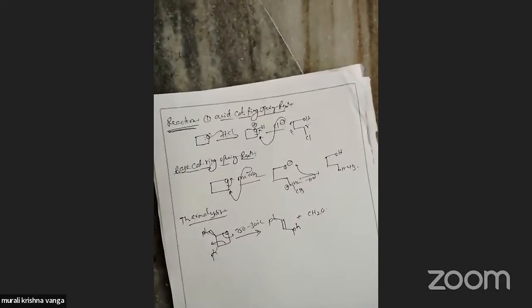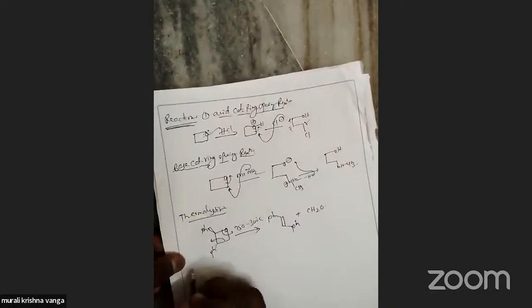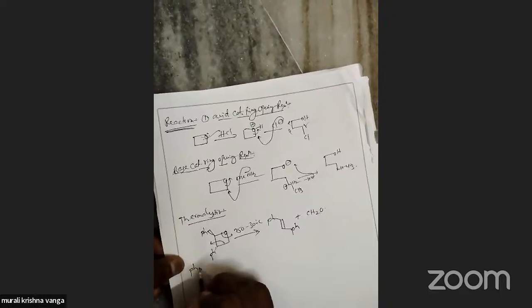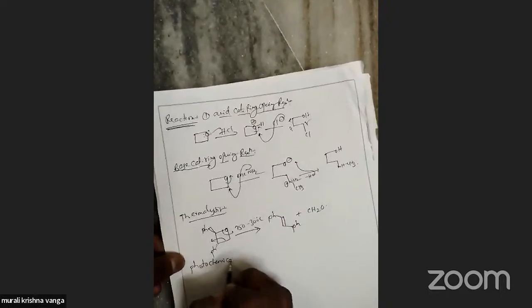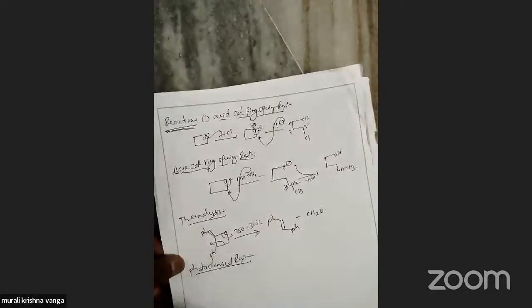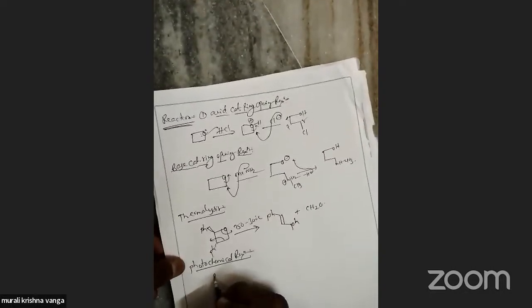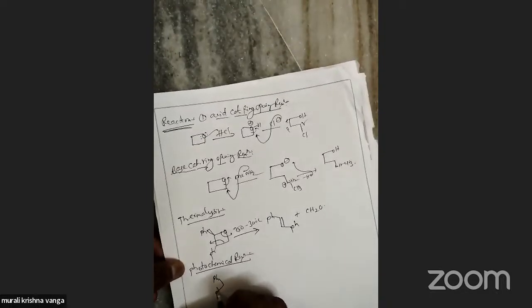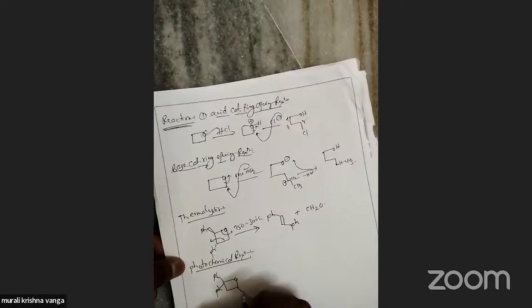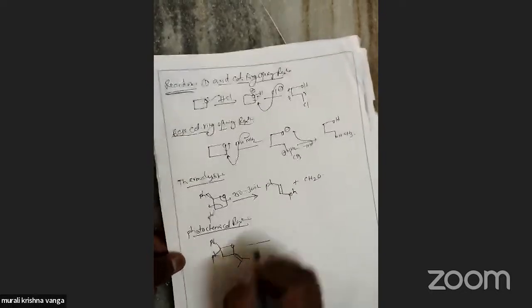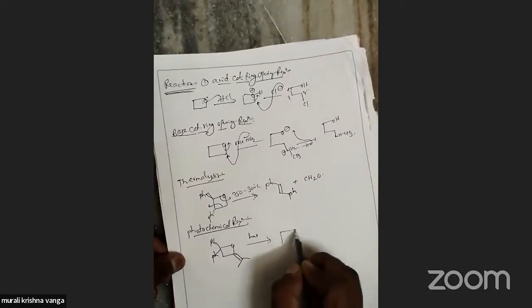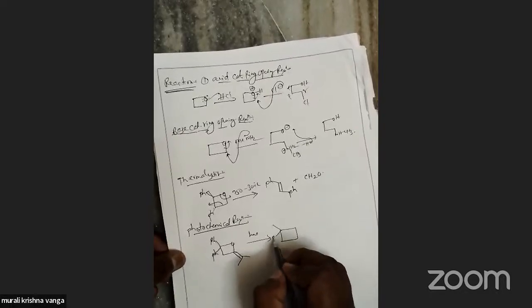Next is the photochemical reaction, photolysis. In the presence of photochemical conditions, the ring undergoes rearrangement and forms a phenyl methyl C double bond compound.